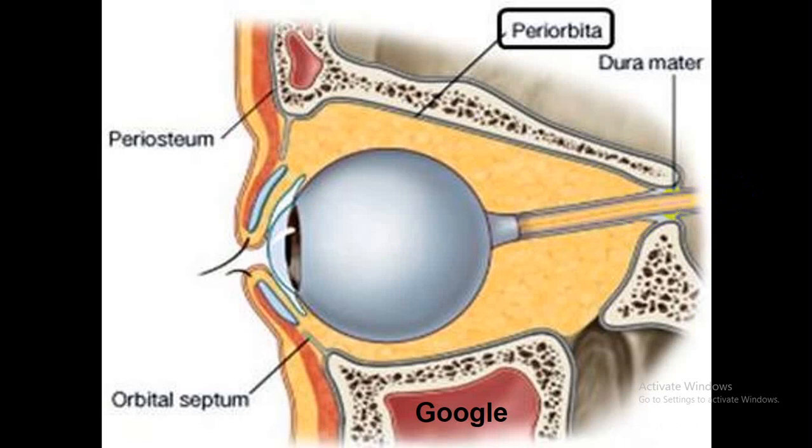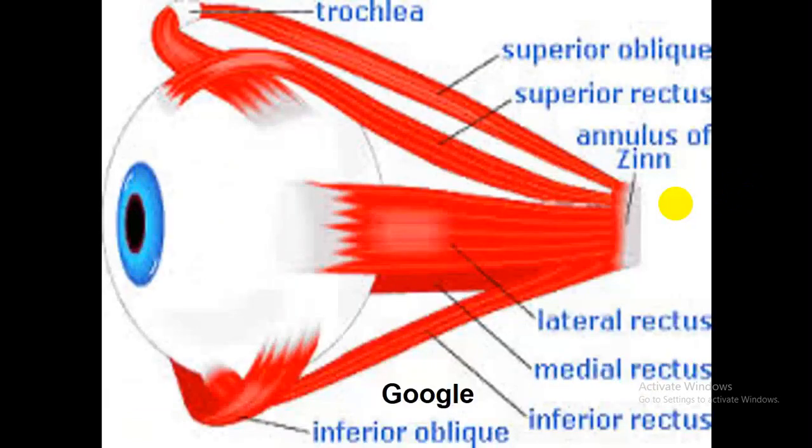Now the other subject is the ocular muscles. So these are 6 muscles: 4 recti and 2 oblique muscles. The four recti are the lateral rectus, medial rectus, superior rectus and inferior rectus.